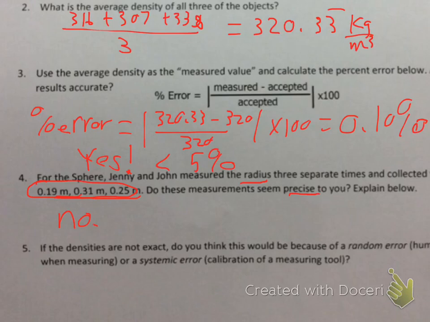They vary by plus or minus 0.06, and our average is only 0.25, so that's a very big difference. That's basically a 25% precision error, which you wouldn't have to write, but you would just explain that it varies a lot.